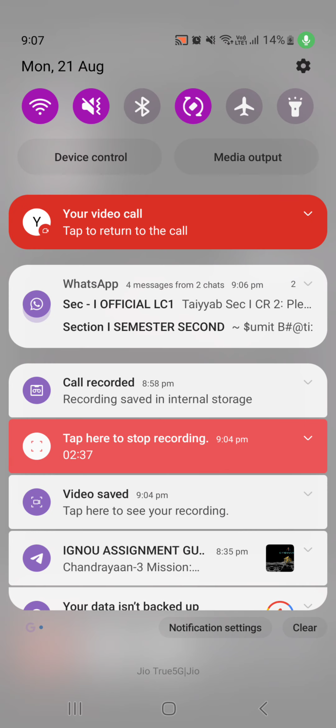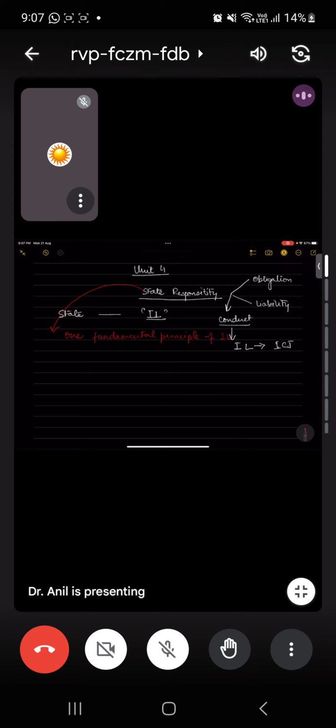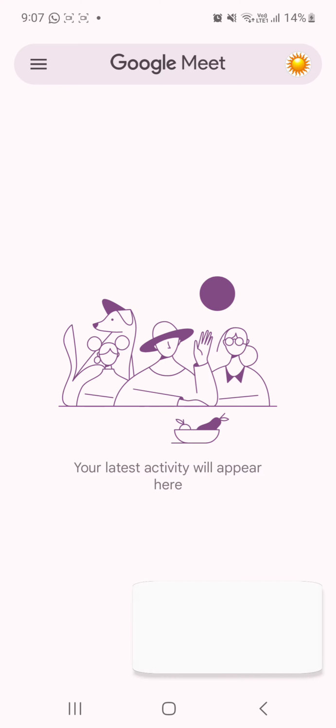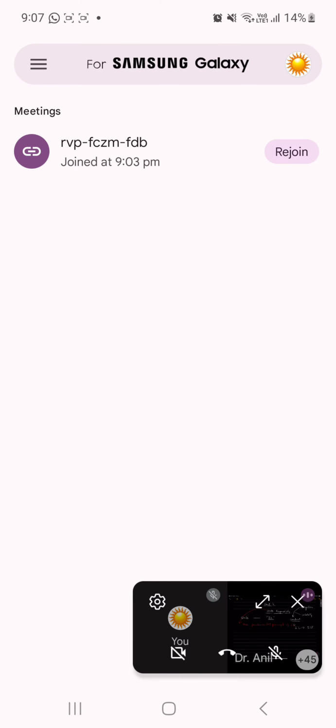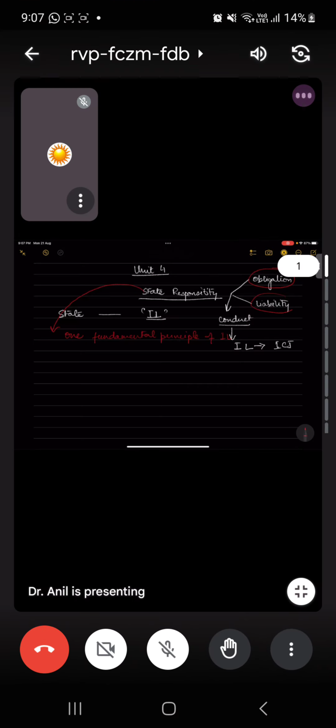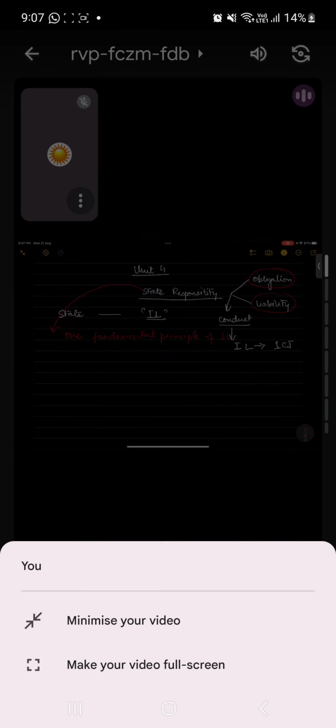So we come over here that under the international law only, one of the fundamental principles has been coming up, which is state responsibility, and it is purely based on obligations and liabilities, which are arising or determined based on the conduct.